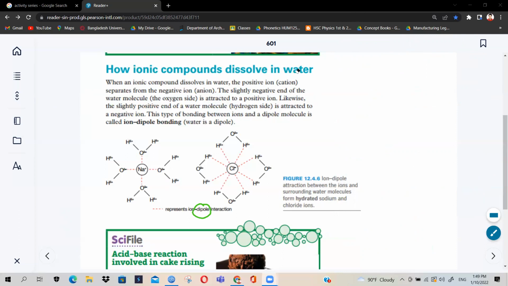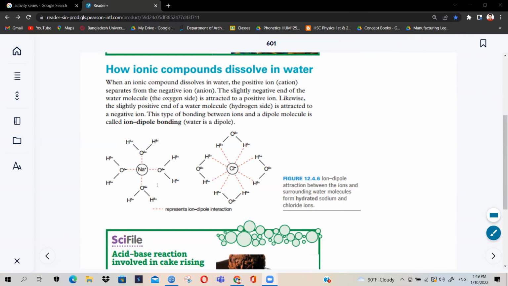See, the sodium ion will get attracted to the partially negative oxygen. And these partially negative oxygen atoms are connected with partially positive hydrogen atoms. So that is how they are getting attracted and distributed into water, and they are getting mixed with each other.